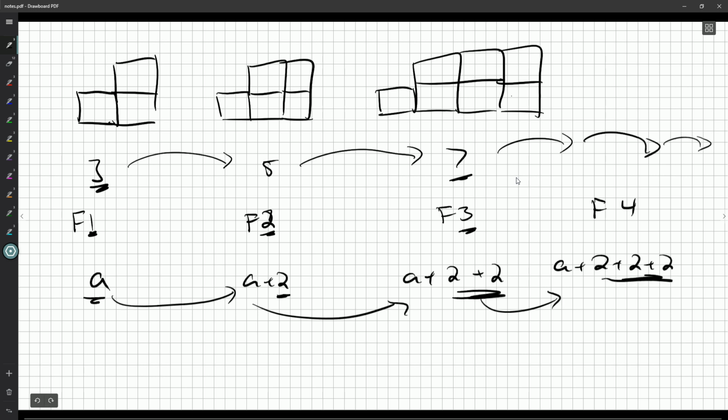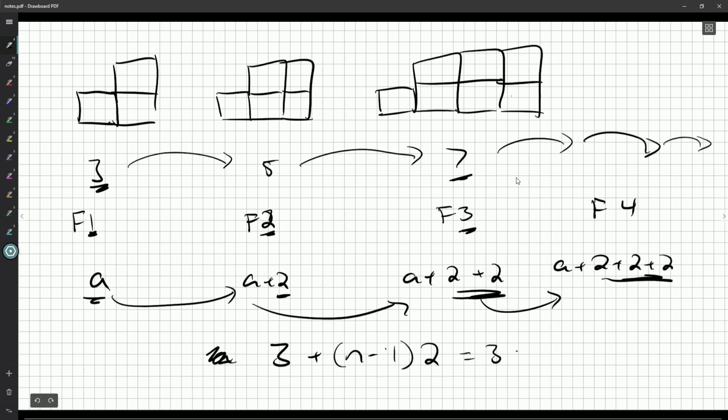And why were there 2 2's for figure 3? Well, it'll be A, which happens to be 3, plus 1 less than my figure number. We'll call the figure number n. So you just notice it's 1 less than the figure number. So 3 plus 2 times n minus 1.